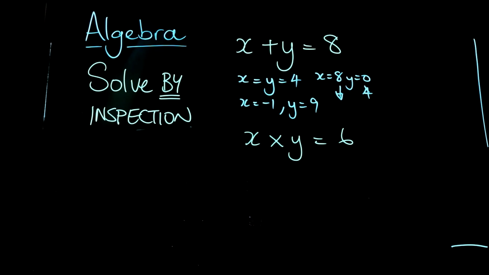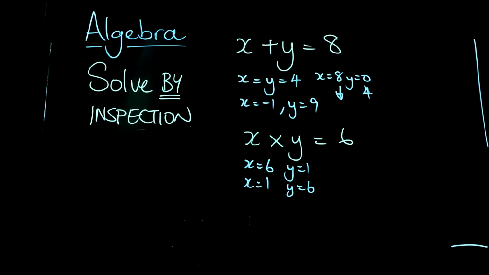What are we thinking about here? We could make x equal to 6 and y equal to 1, and that would be true. We could make x equal to 1 and y equal to 6, and we've got 2 solutions here now.